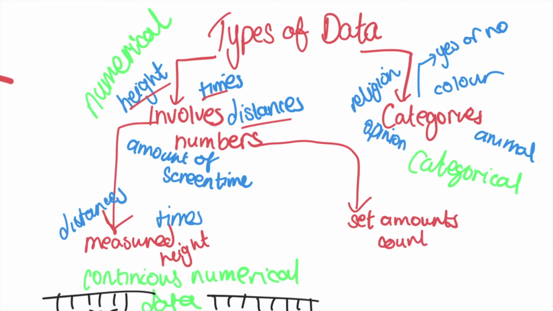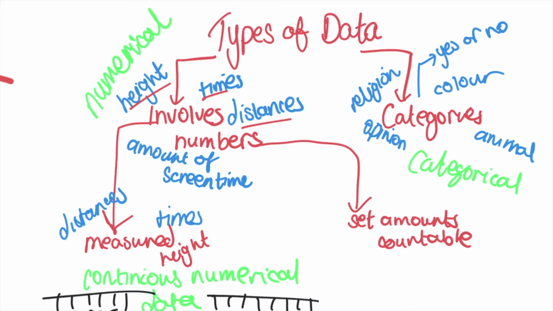Think about Smarties in a bag. That's data. So if you got one bag that had 11 Smarties, one bag that has 12 Smarties, that's numerical data. But you can't get half Smarties or a third Smarties or 0.125 of a Smartie. They are set or countable amounts. If I was to say, how many screens do you have in your house?